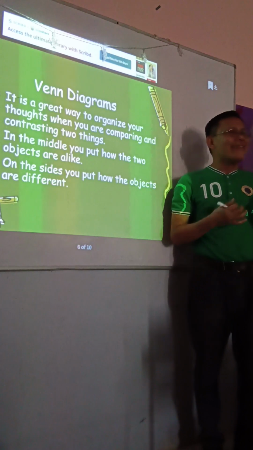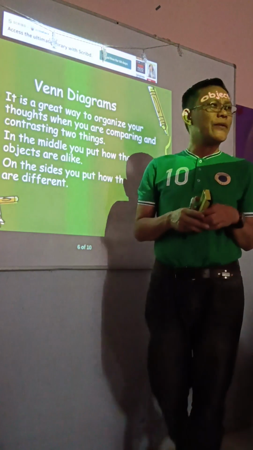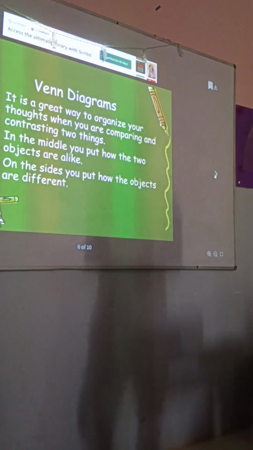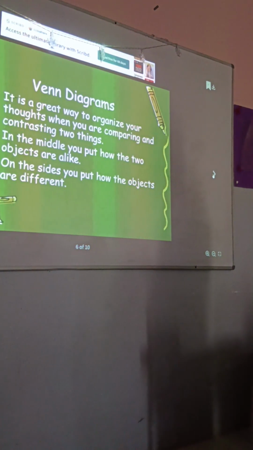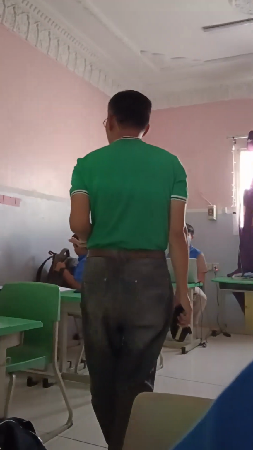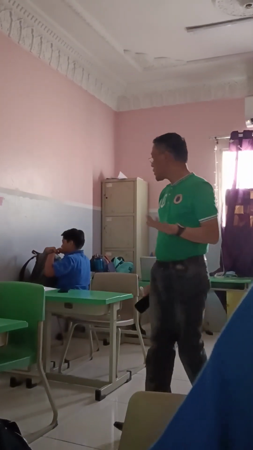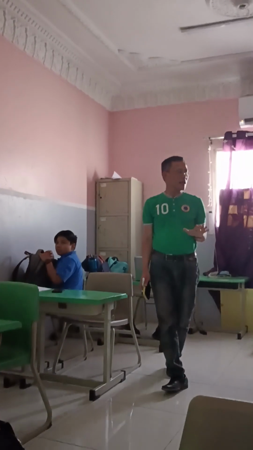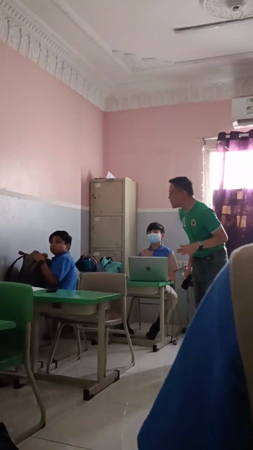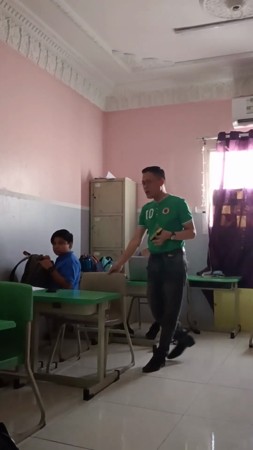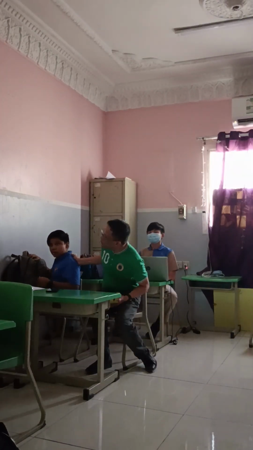Let's talk about the Venn diagram. The Venn diagram actually will help us to determine the similarities and differences, right? Okay, so you have to tell me about the Venn diagram. The Venn diagram consists of two circles combined.